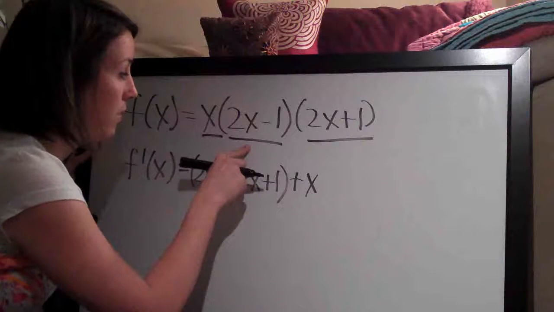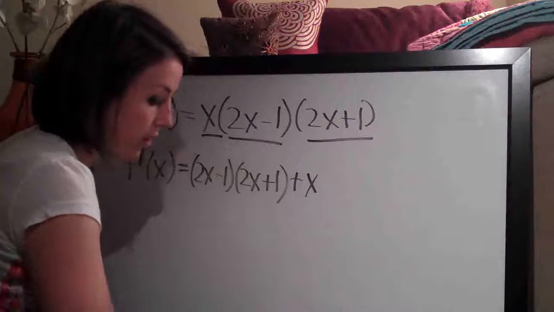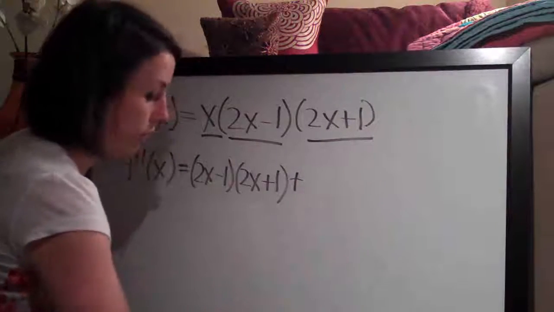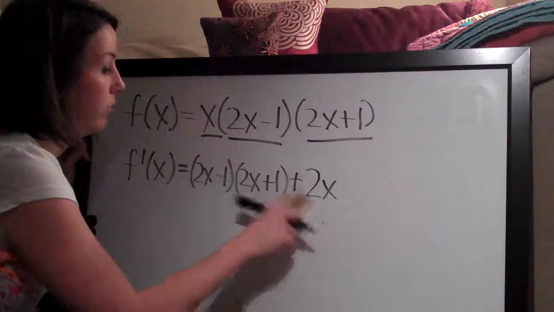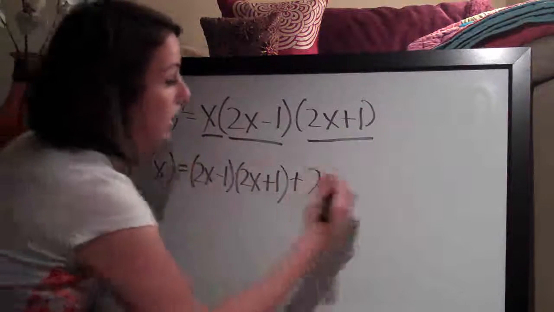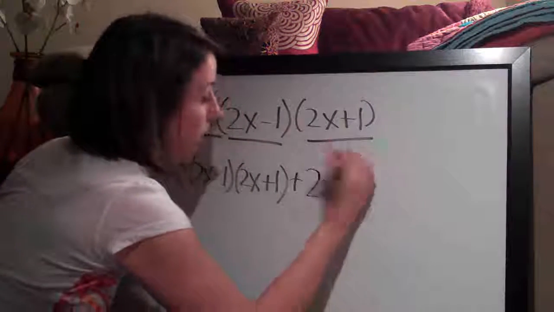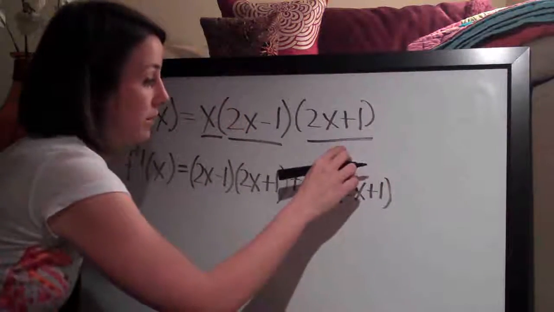The derivative of 2x minus 1 is just 2. So we can go ahead and write that in front, 2x. 2 comes from here, x is the x remaining the same right here, and then we multiply by 2x plus 1 because this remains constant.